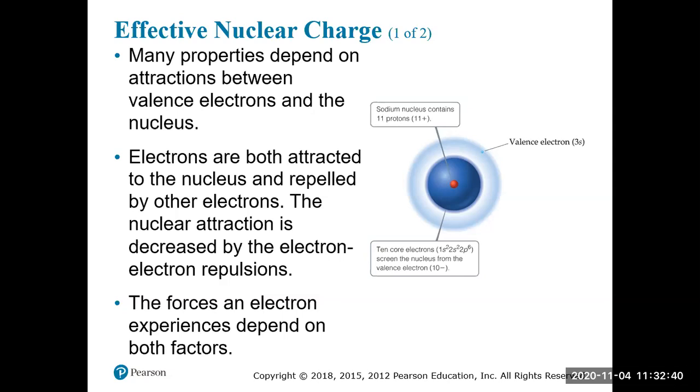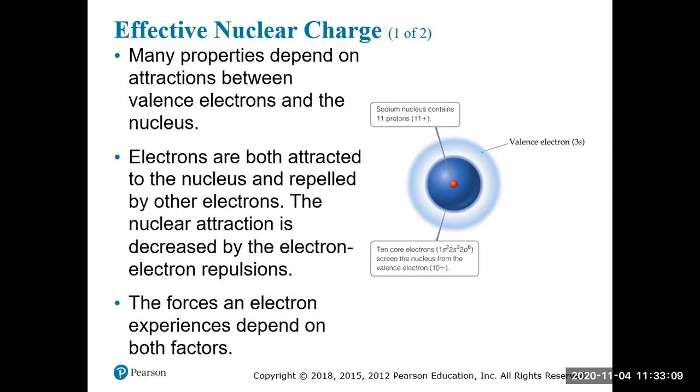This picture on the right of a sodium atom is a pretty good representation of that. So we have the sodium nucleus with 11 protons in it. Then we have 10 core electrons, and that's that noble gas configuration. And then finally, we have one valence electron for sodium that's in the 3s orbital.